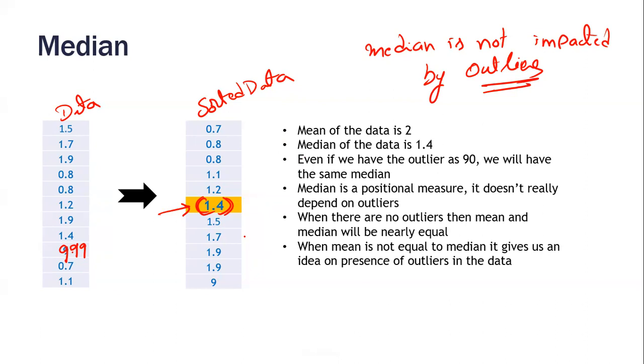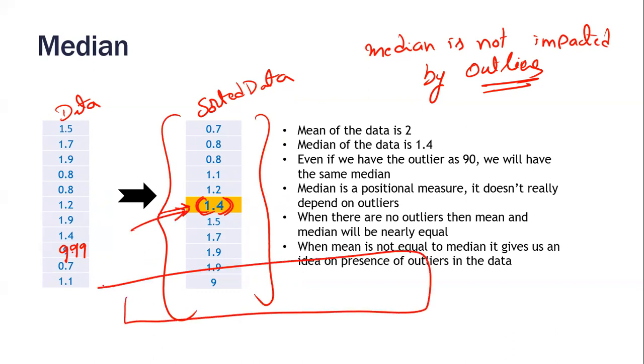Still the median is going to remain 1.4. The median is the true center. If you look at the center, that will be the median. Even if you say 99 or 200 or something, within the given range, whatever is the center, that is your median.